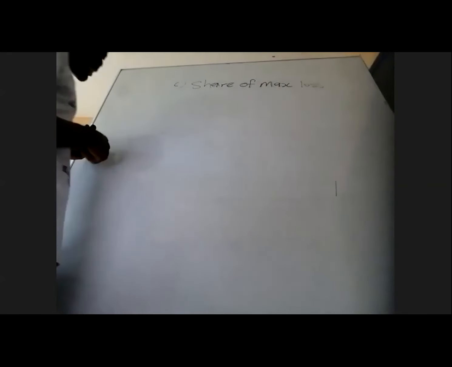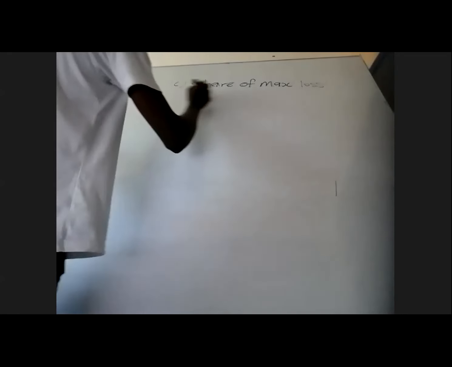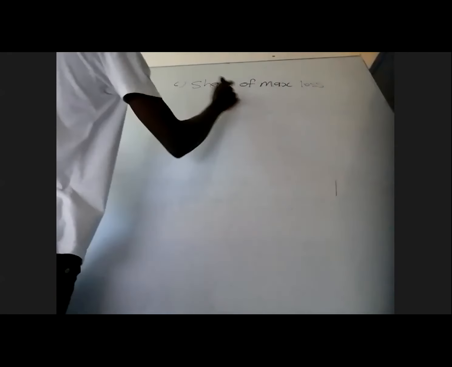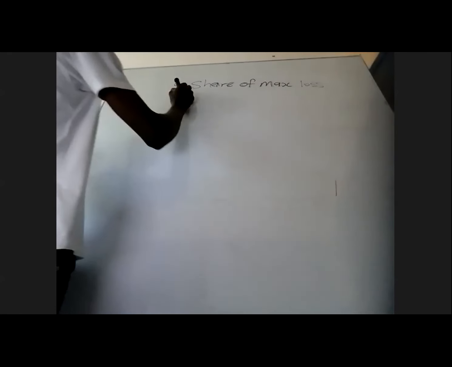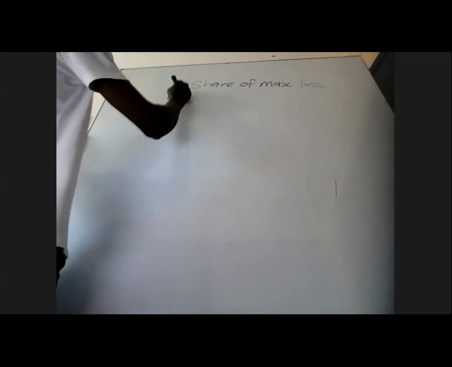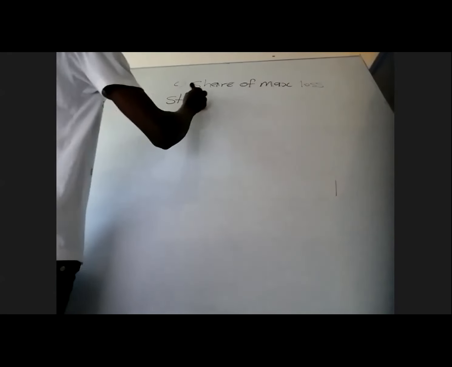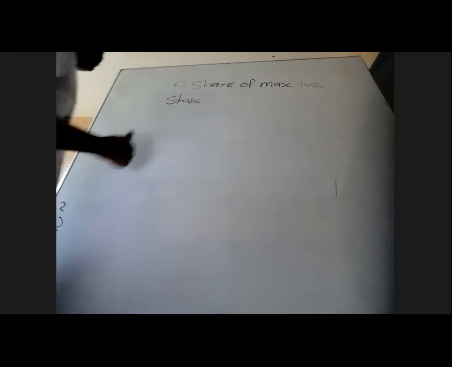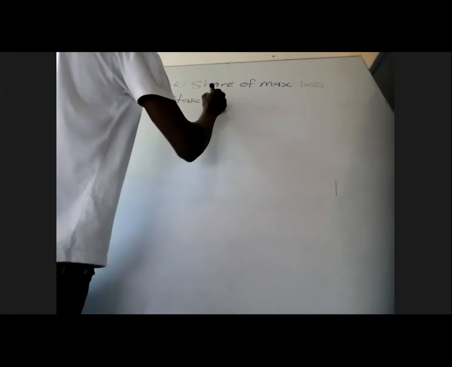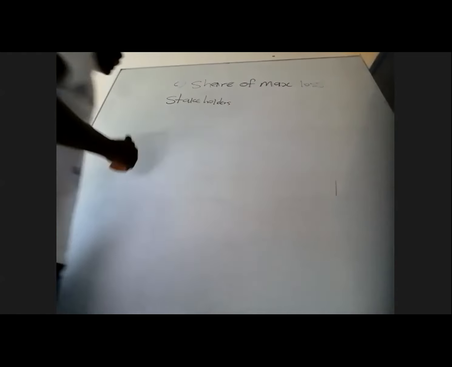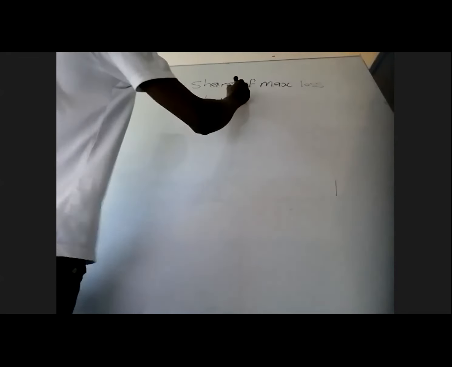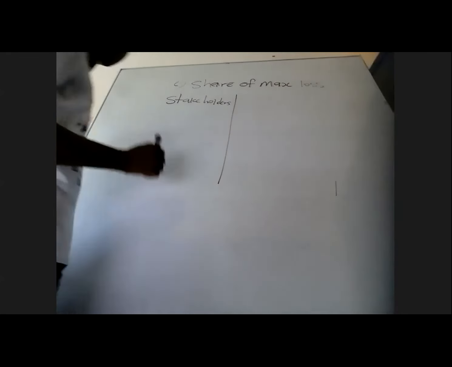It's very important. If you don't have it, kindly watch the previous video to get it. This table, I'll start. I'll write key stakeholders, because we are going to share the maximum loss to the stakeholders. If you are not a key stakeholder, we don't give you some of the loss. So stakeholders, good. That's the first column of the table.